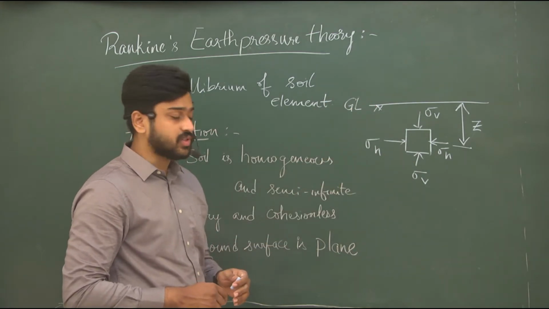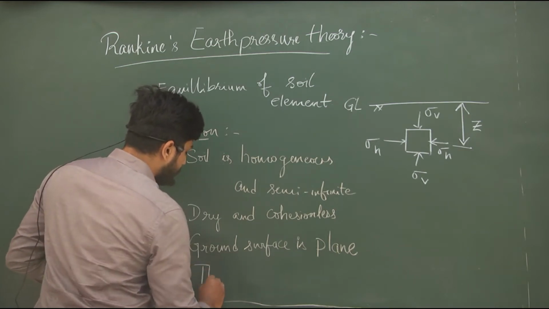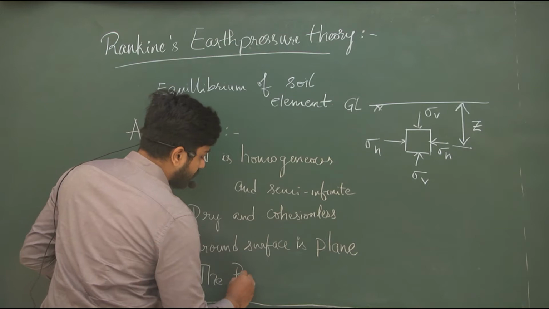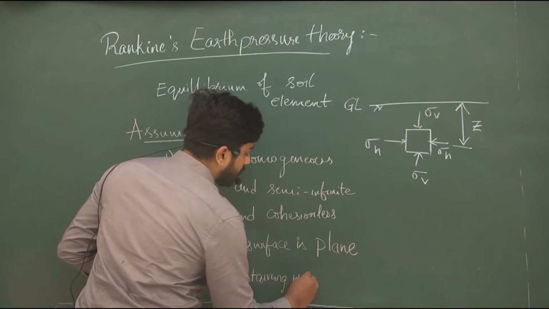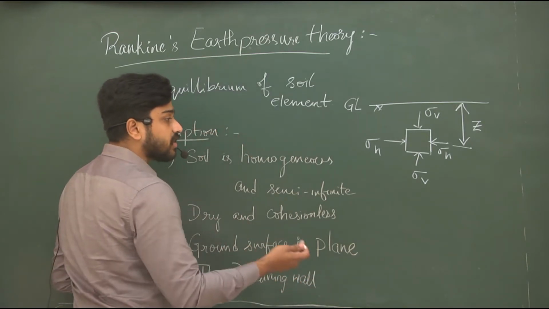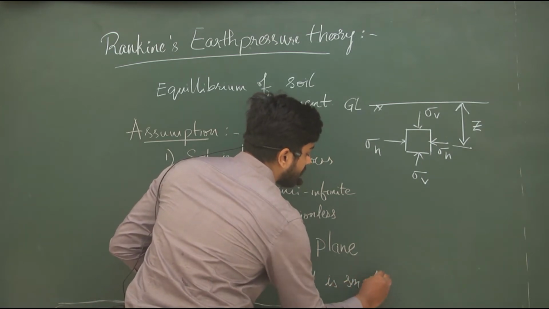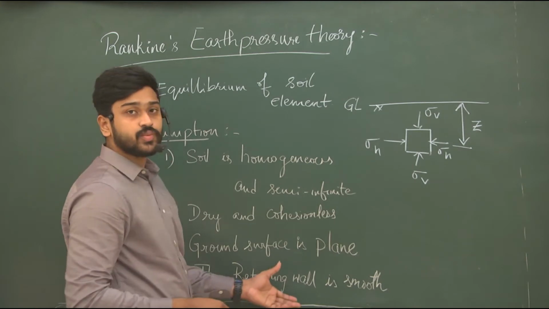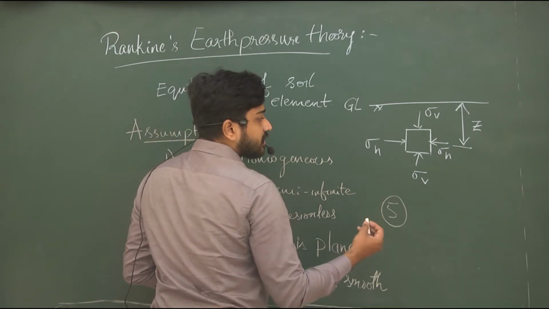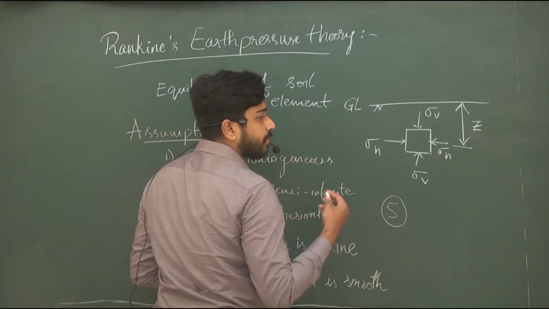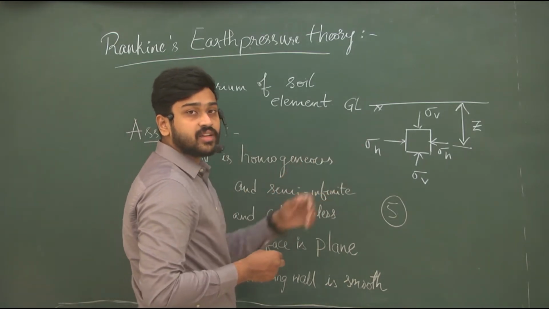The other assumption is that the surface of the retaining wall is smooth. The retaining wall surface is assumed to be smooth. The last one is that a state of plastic equilibrium is attained due to these external stresses.